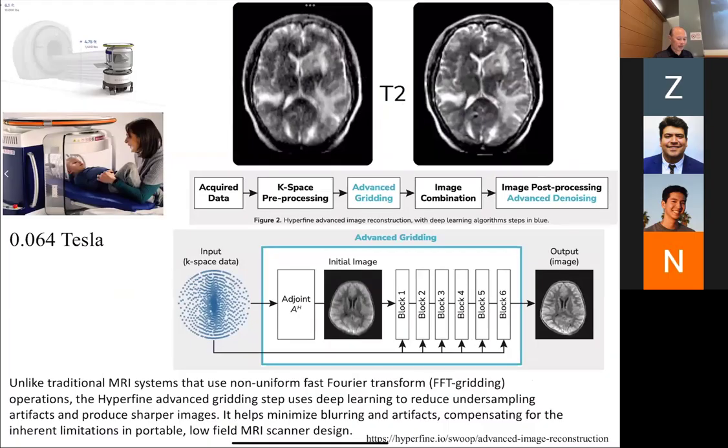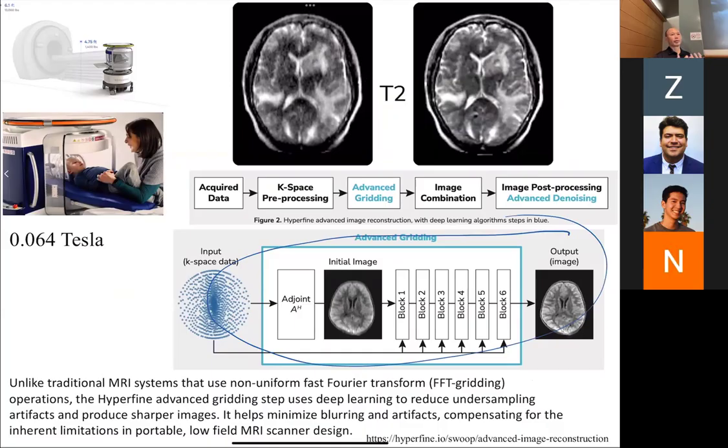What's really made this possible, and the other area that I believe is going to continue to grow, is the idea of these portable magnets. They have much lower SNR, and their image quality with conventional reconstruction is not that great. But if you add deep learning, advanced recon, remember, deep learning has the advantage that it knows what your images should look like.